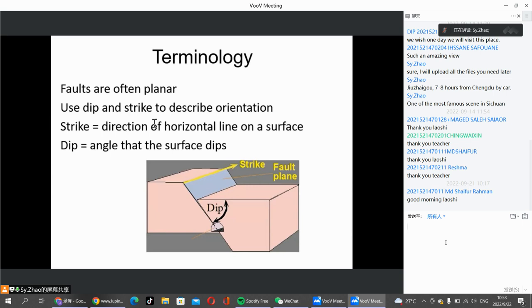And we also use dip and strike to describe the orientation of a fault, like we do for the bedding plane. Strike is the direction of a horizontal line on a surface, and dip refers to the angle at which the surface dips.